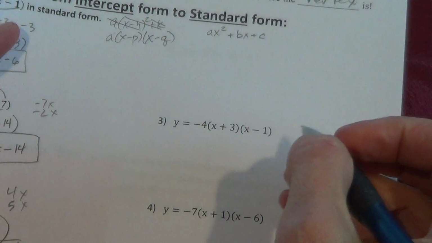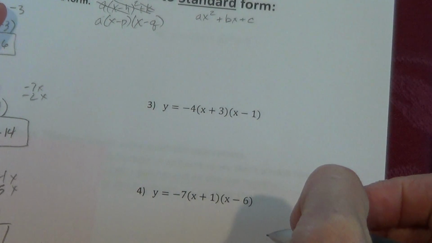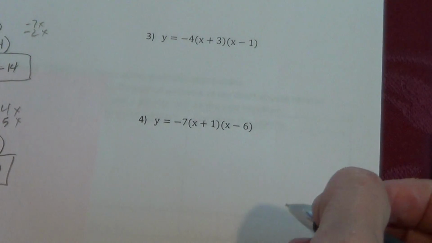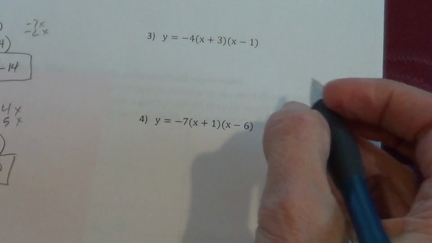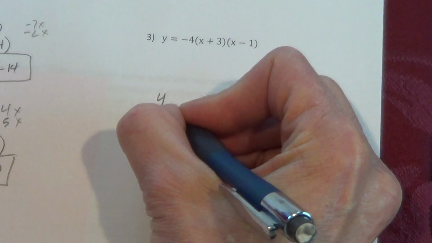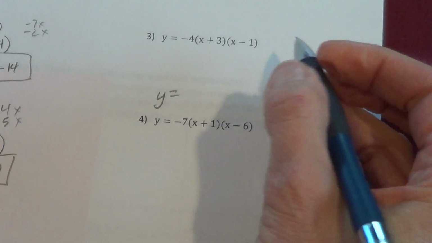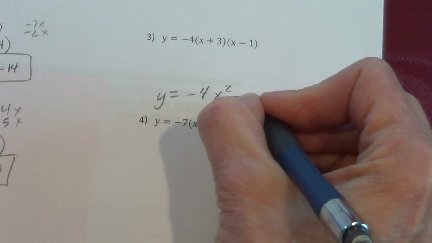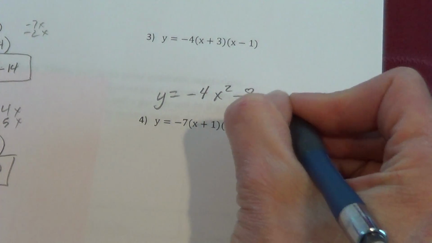Next problem. Why don't you go ahead and do these two, and I will fill in the answers, and then if you don't get the correct answer, let's check it in class. You can check it with a partner, check it with me, make sure that you do get it right. Make sure you follow all the steps. FOIL first and then distribute. Pause the video and go ahead and work those.